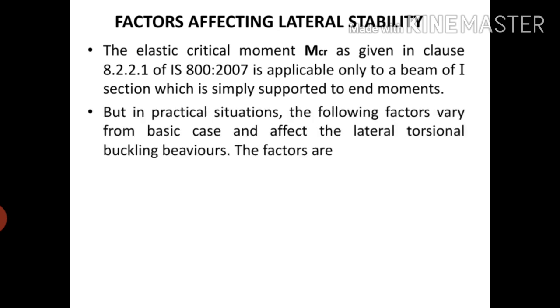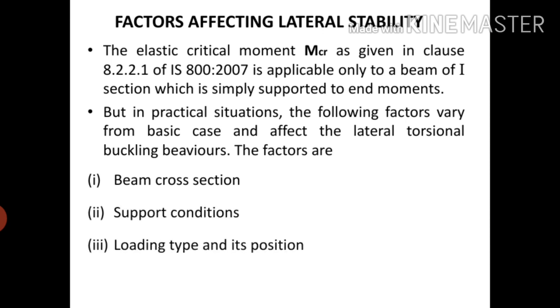But in practical situations, the following factors vary from the basic case and affect the lateral torsional buckling behavior. The factors are beam cross section, support conditions, then the loading and its position. So these are the three factors which affect the lateral stability of the beam.